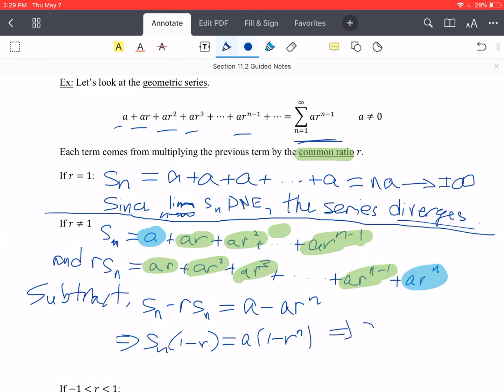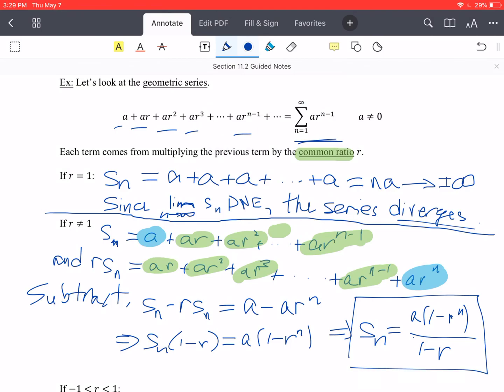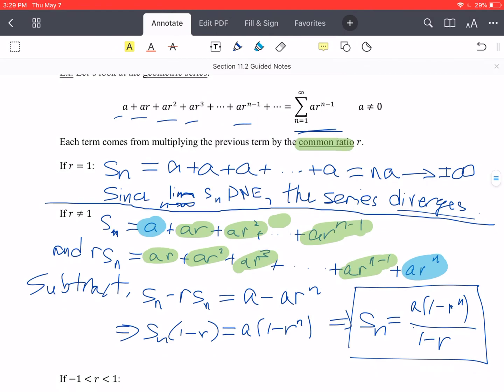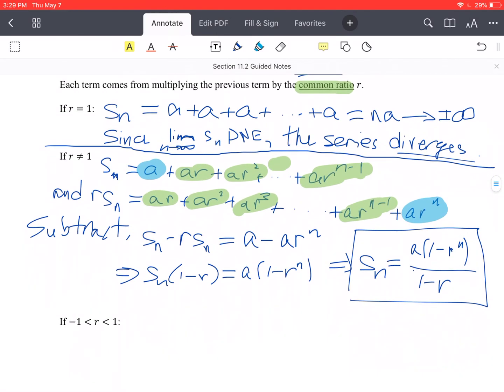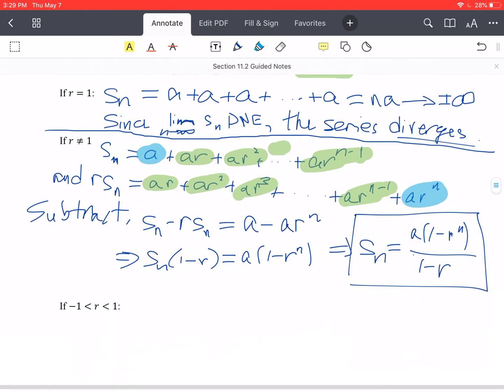And this now gives us a formula for our nth partial sum for a geometric series. Okay. So when r is not equal to 1, we have this formula here that the geometric series will obey.